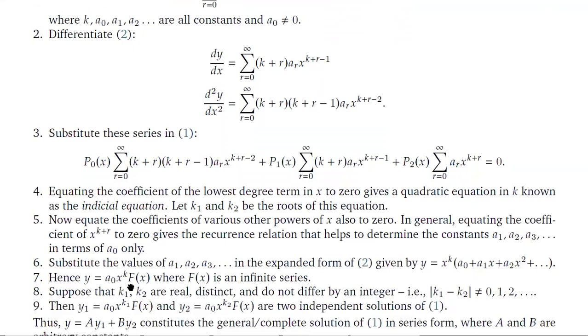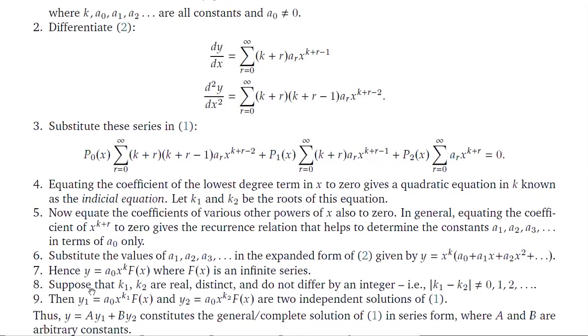We can maybe end the solution here, but what we have noticed is that this quadratic equation in k will give you two different values of k. So we assume that k1 and k2 are real and distinct numbers.